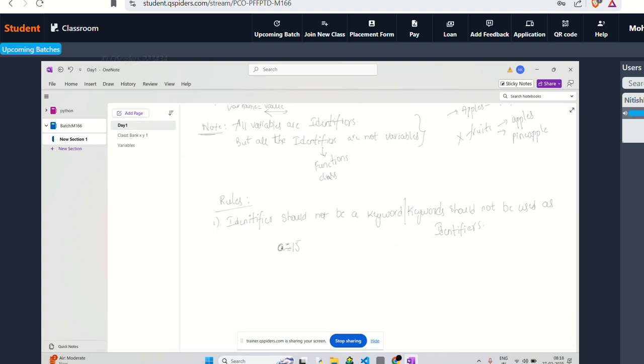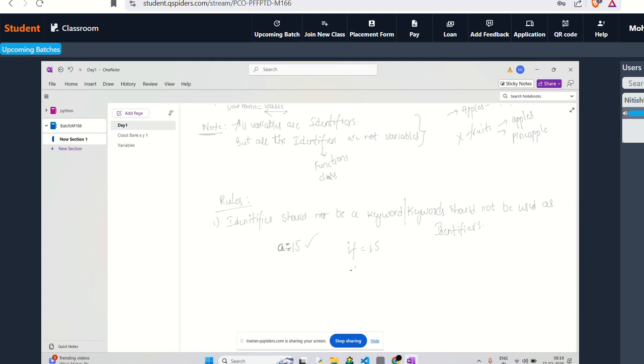You tell me whether A is a keyword? No. So it will allow. Tell me any keywords. You know about keywords, right? Yes, if. Take if. I cannot give 15 to if.